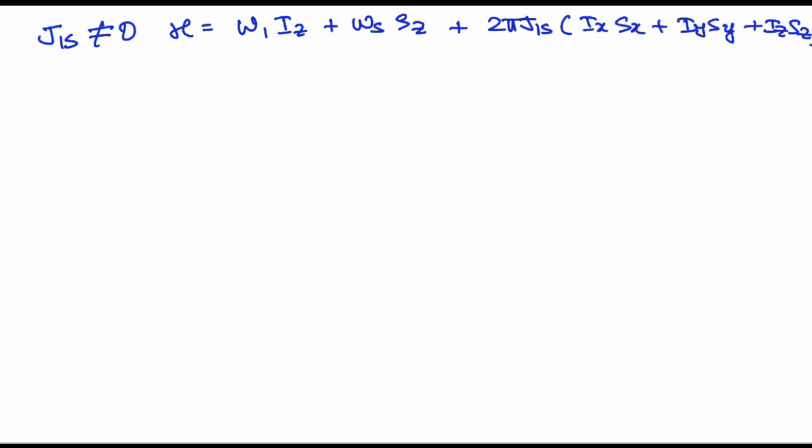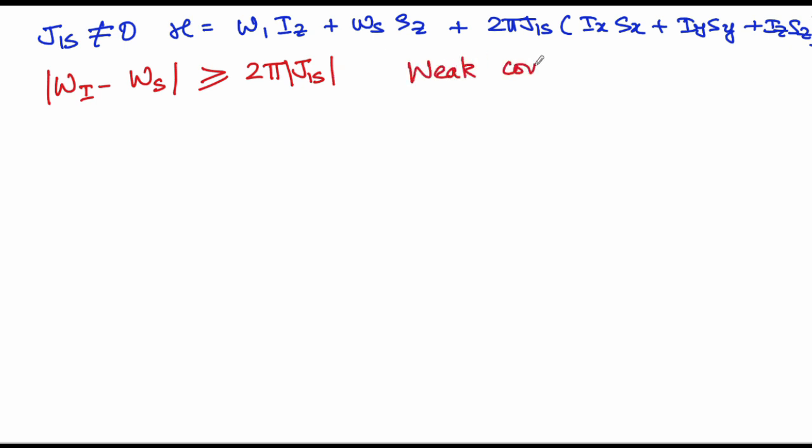In this case, we will make a small approximation where the magnitude of omega I minus omega S, that is the chemical shift difference, or rather the shielding difference in this case, is much greater than the magnitude of scalar coupling between these two spins. This approximation is called a weak coupling approximation.